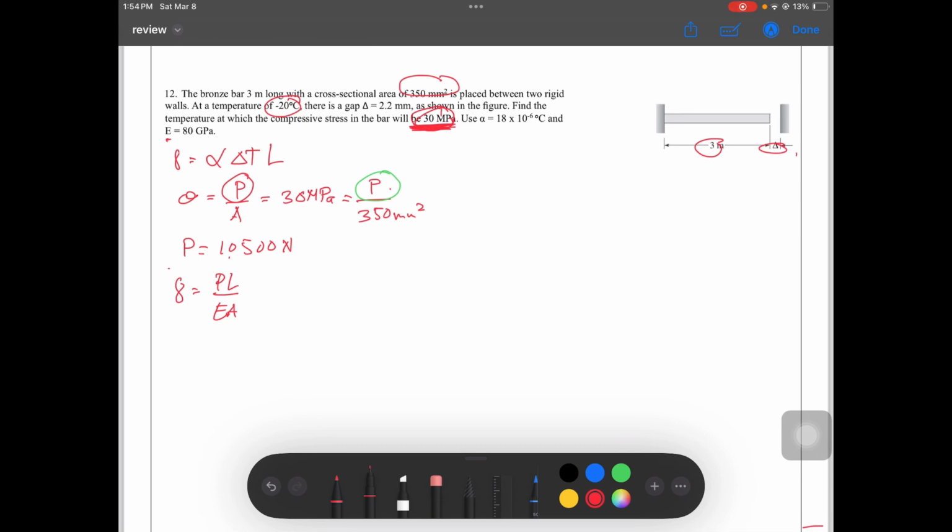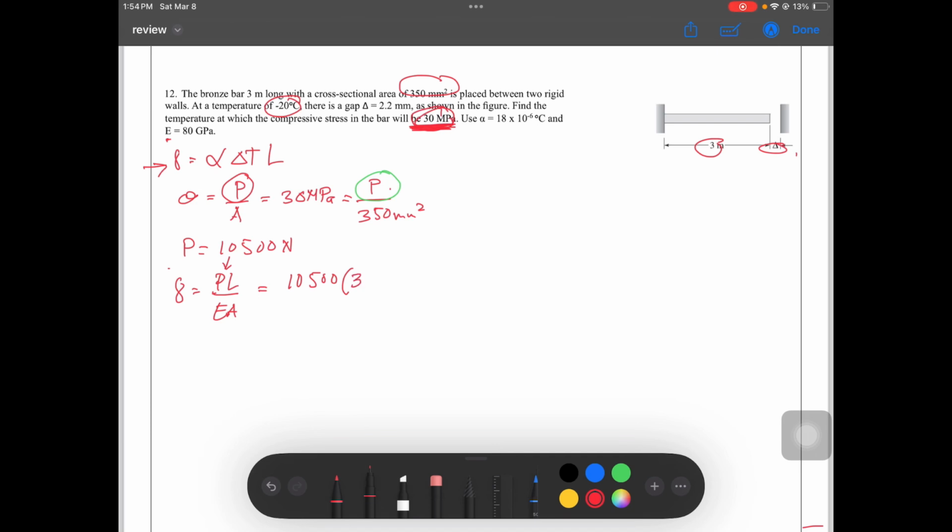So, pwede natin gamitin yung deformation equation na PL over AE, dahil nandito yung force. Dito kasi deformation siya, pero thermal deformation, hindi involve ang P dyan. This is deformation solely because of the change in temperature. So, dito natin ma-apply si P. So, what is the deformation? Kapag may P, this is 10,500 Newton. What is the length? It is 3 meters.